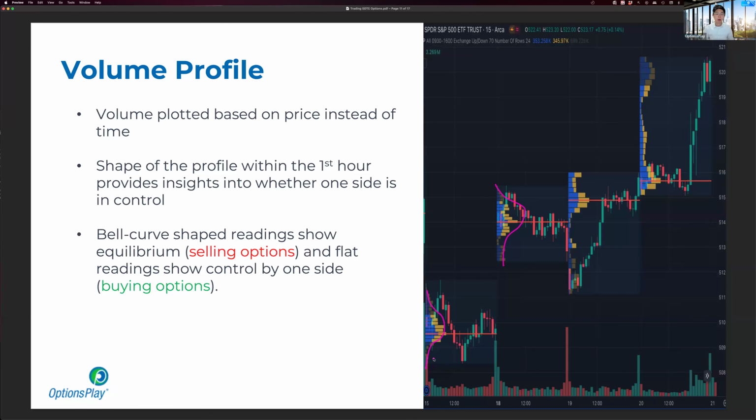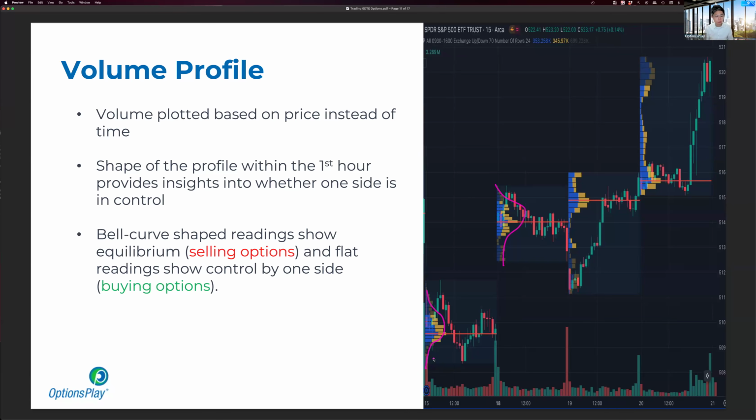It looks like a bell curve, or at least a bell curve on its side. What that tells you is that there's a bit of equilibrium between market buyers and sellers, oscillating across one point, and it gives you that bell curve like shape. You really see that within the first hour or so, this shape starting to play out.